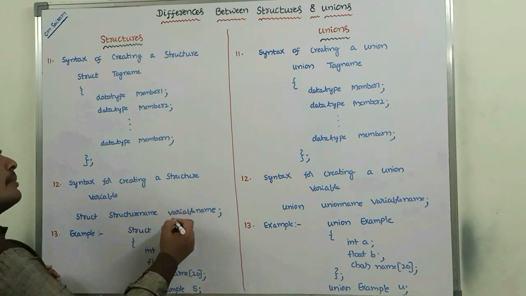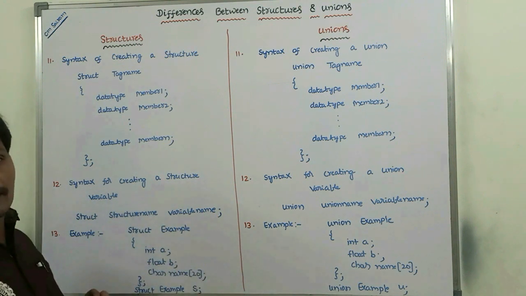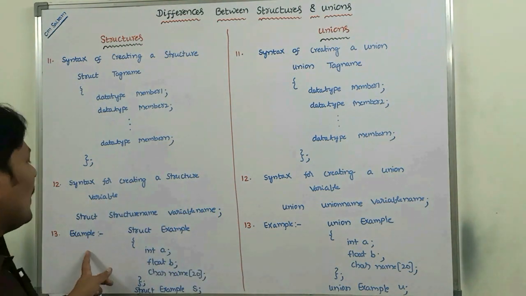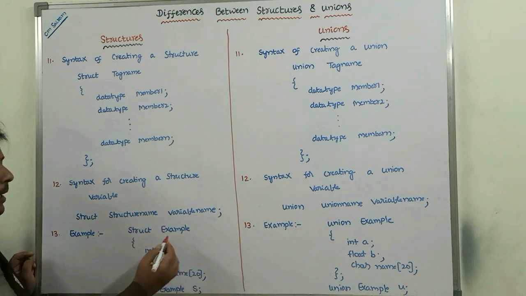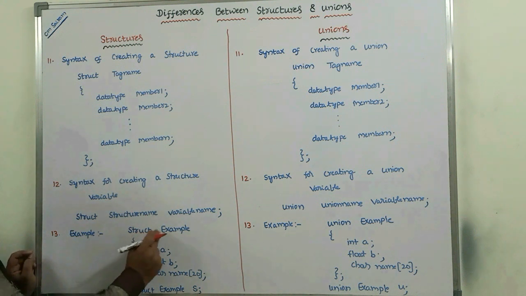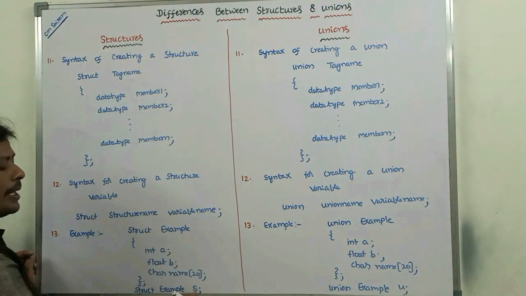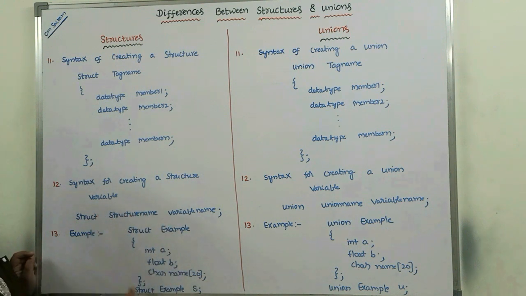Any number of variables that are created are separated by commas. So this is the example, creating a variable for the structure. Struct example: this is the tag name or structure name and these are the data members. We are creating a structure variable for that structure.